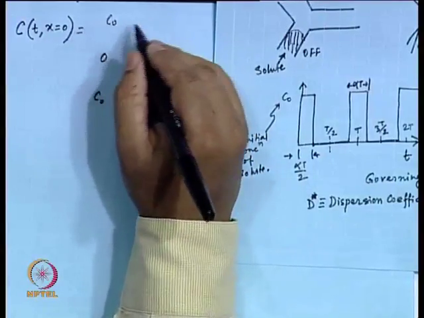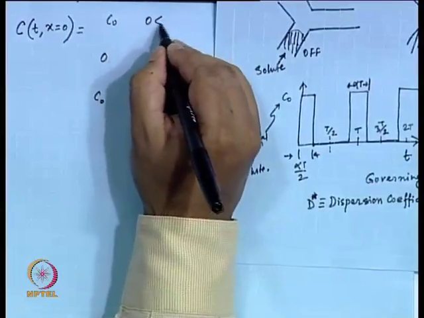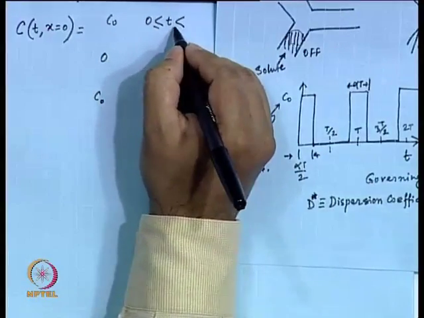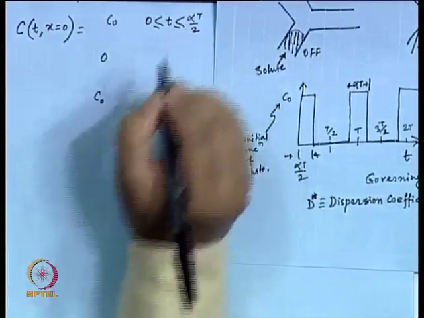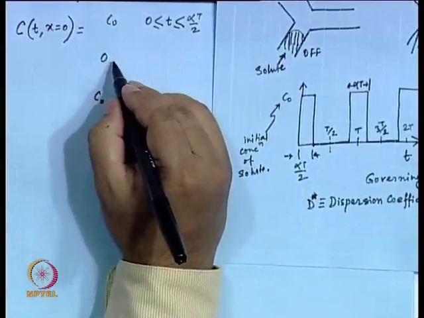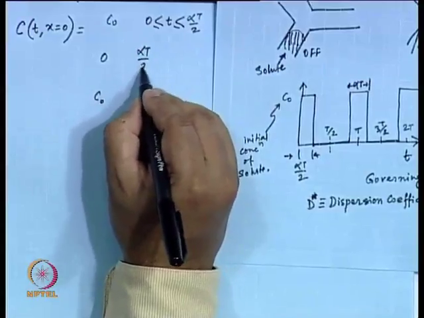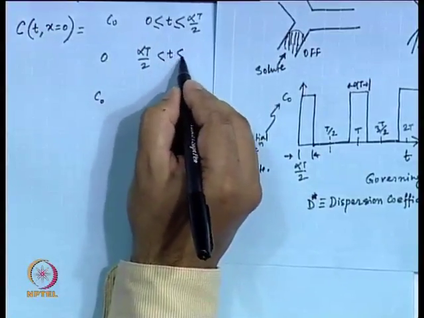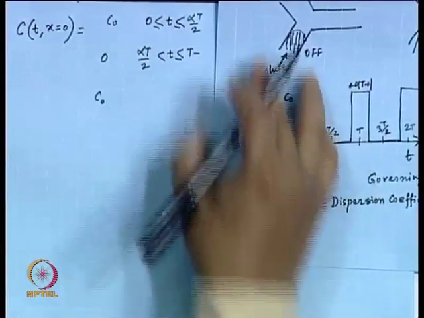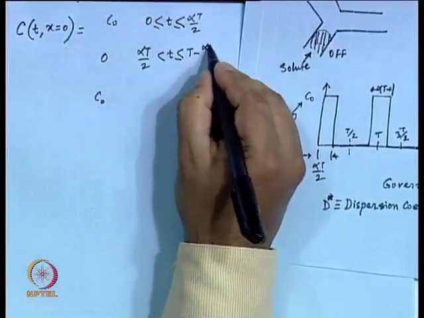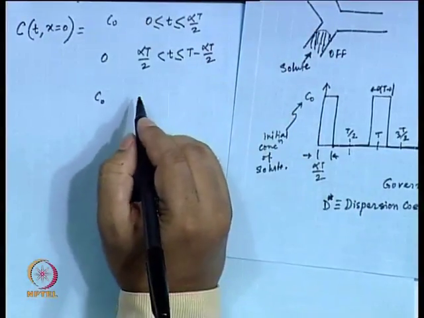When is it equal to C0? When time is between 0 and alpha T by 2. And when is it 0? It is 0 when time is between alpha T by 2 and T minus alpha T by 2. All right.